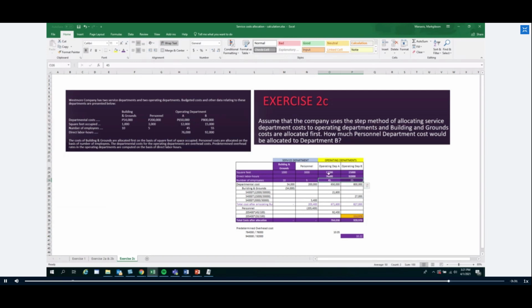So, yung lang dalawa, no? Total ng dalawa. So, that's 92,430. And then, 112,970 for Department B. Ang tanong dito kasi sa problem, how much personnel department costs would be allocated to Department B? So the answer is 112,970.